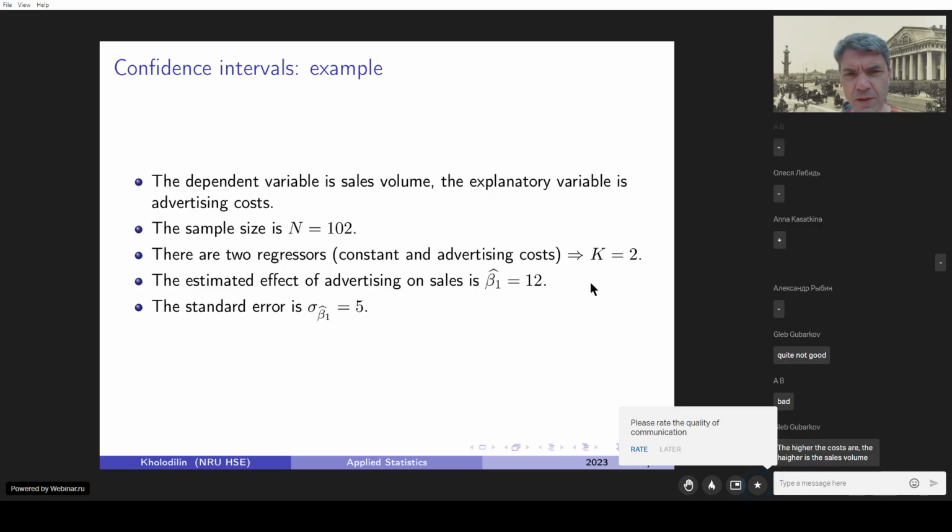Yeah, exactly. So the coefficient is positive, beta 1. So the more we invest in advertising, the more sales we get.